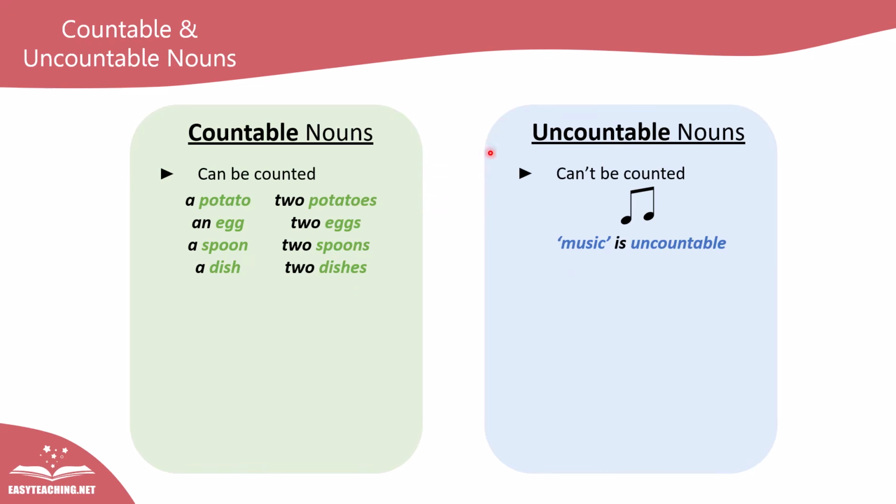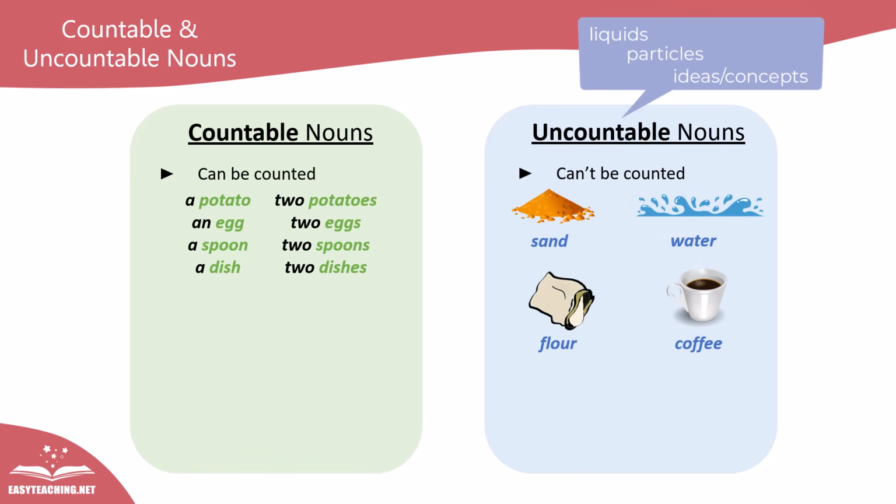Now let's look at some uncountable nouns. You might remember that we can think of these in 3 groups: liquids, particles, and ideas or concepts. Here are some other uncountable nouns: sand, water, flour, coffee.